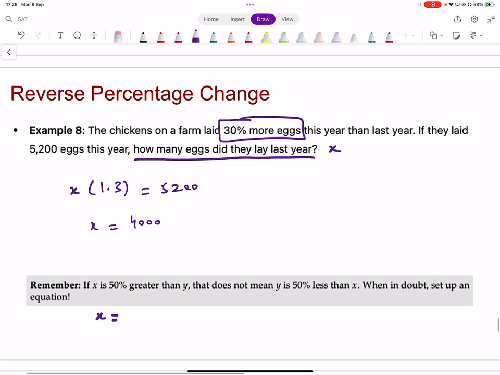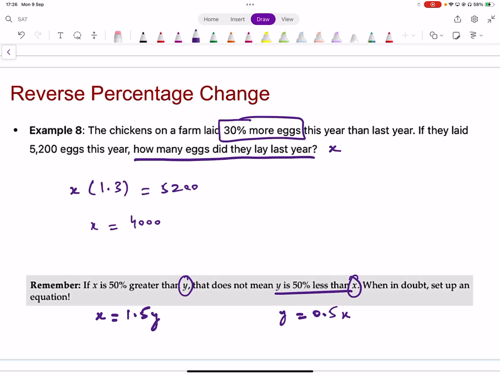X is equal to 1.5 times Y. Y is 50% less than X. That means Y is equal to 0.5X. That's not the same thing. The base is different in both of them. In the first case, the percentage that we're calculating is of Y. In the second case, the percentage that we're calculating is of X.